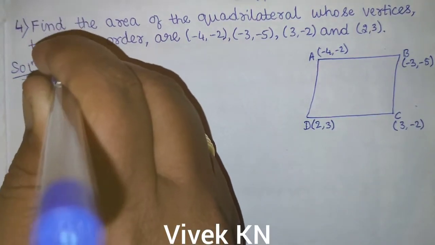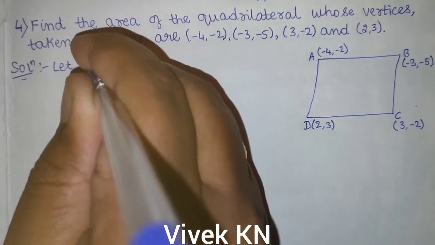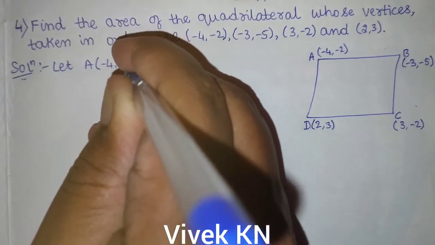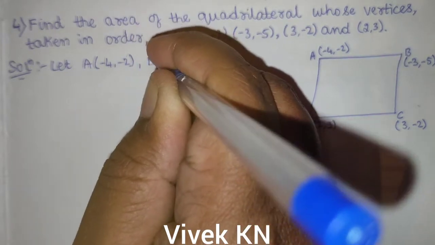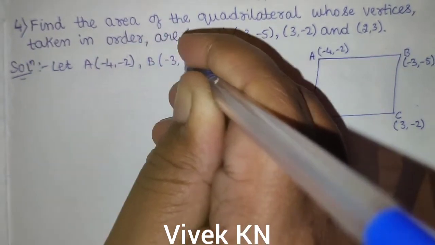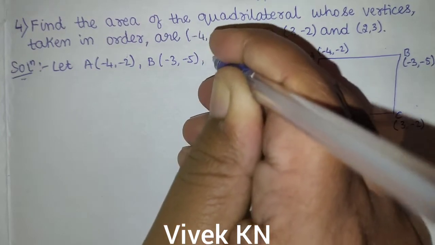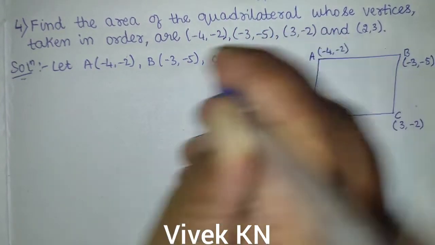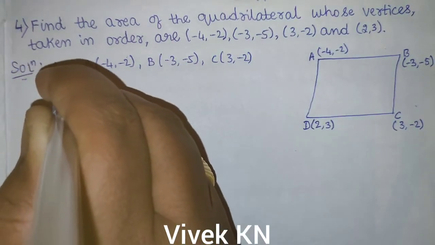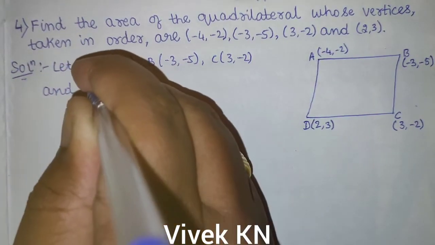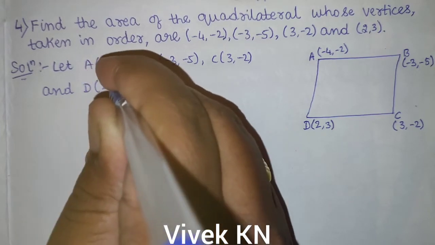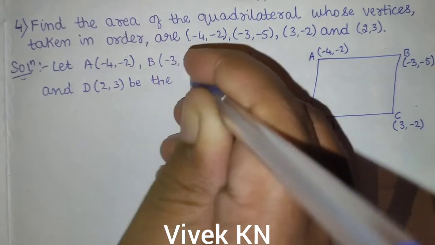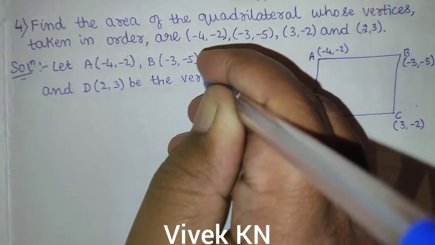Let A of (-4, -2), B of (-3, -5), C of (3, -2) and D of (2, 3) be the vertices of a quadrilateral.